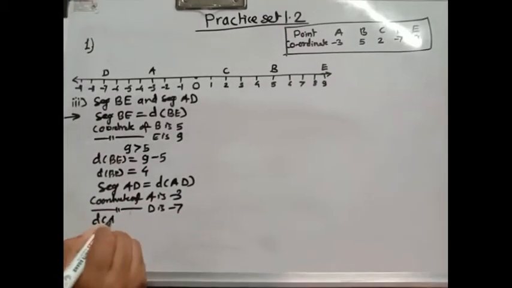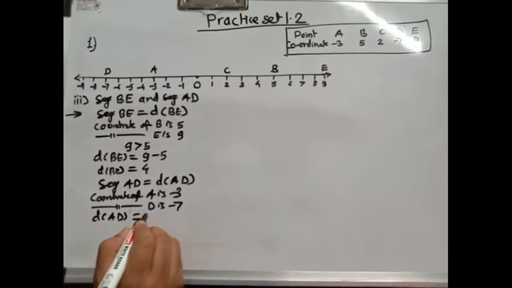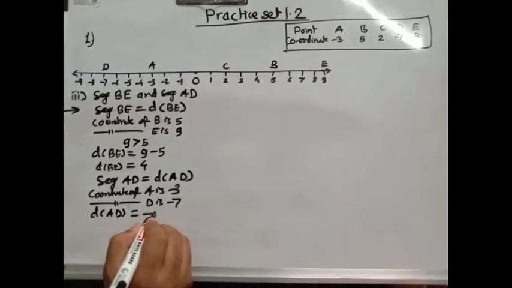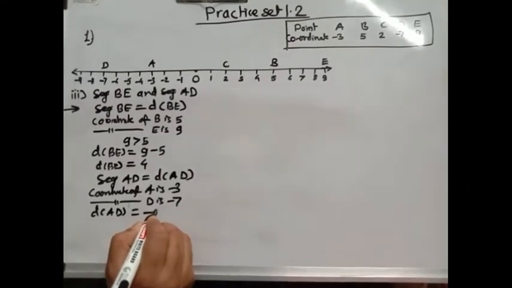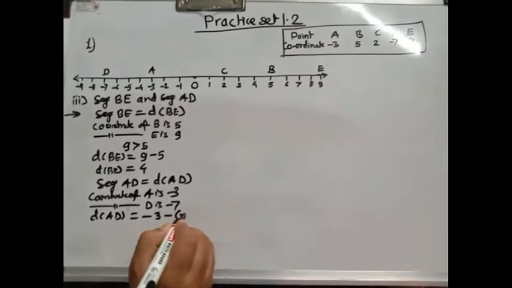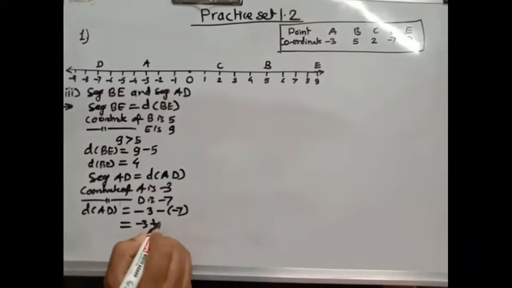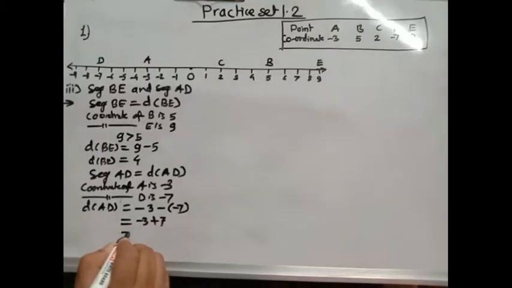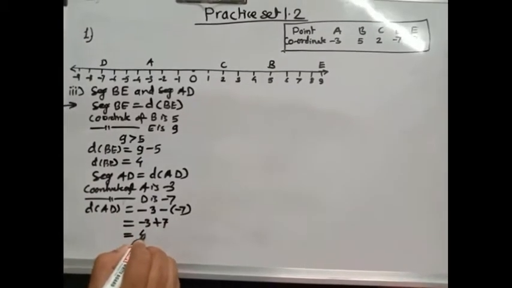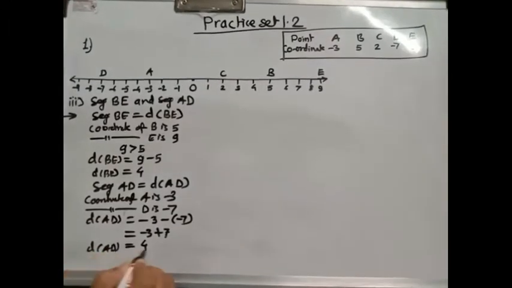So the distance of AD is equal to what? Minus 3 minus minus 7 means minus 3 plus 7, which means 7 minus 3, which is 4.